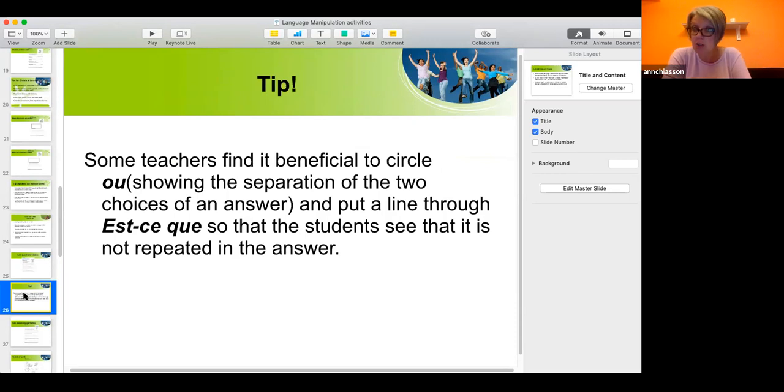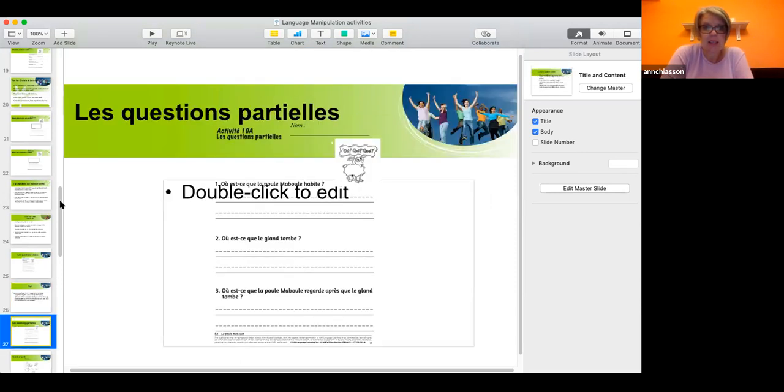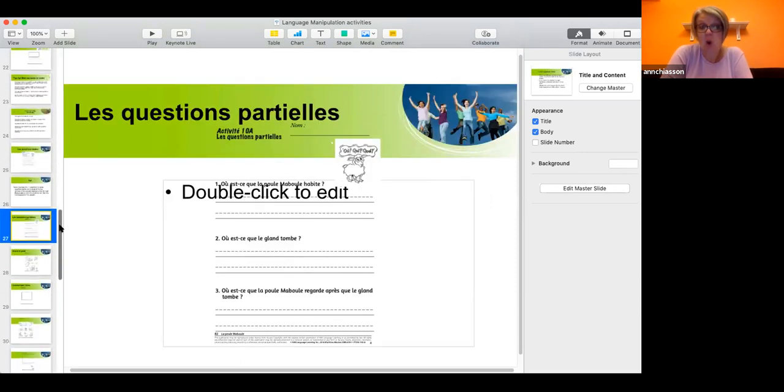Then I model to them that on barre le mot est-ce que, because est-ce que is never in an answer. It's never repeated in the answer. And so what's left is their two choices.